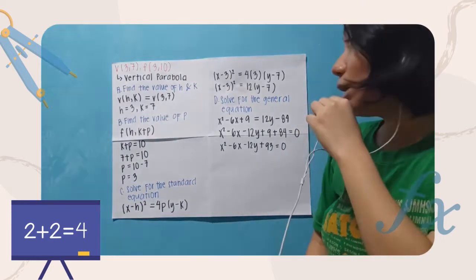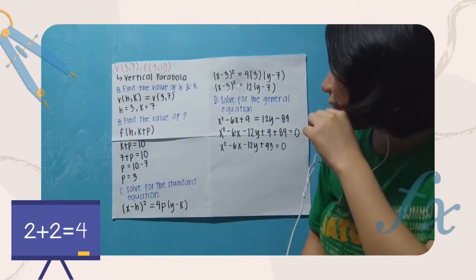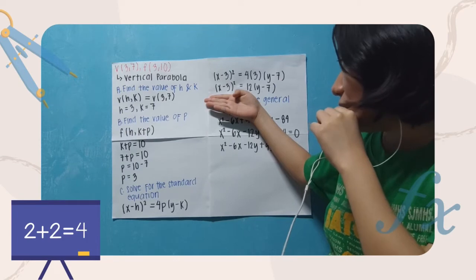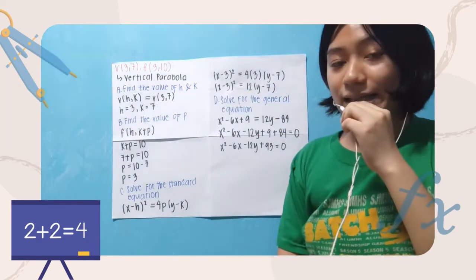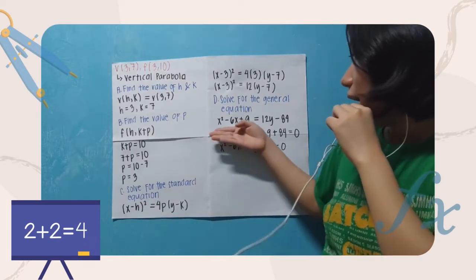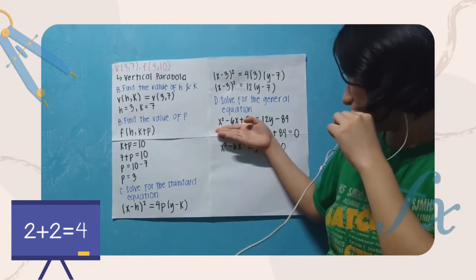First, we need to expand this squared binomial, which is the quantity of x minus 3 squared. And when we expand, this will result in the equation x squared minus 6x plus 9.